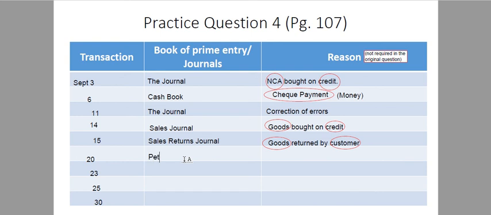So this will go in petty cash book, and the reason being postage stamps and the voucher. So these two things are showing you that they are going to go in petty cash book, and we'll also write a small payment just to signify that it's a small payment.